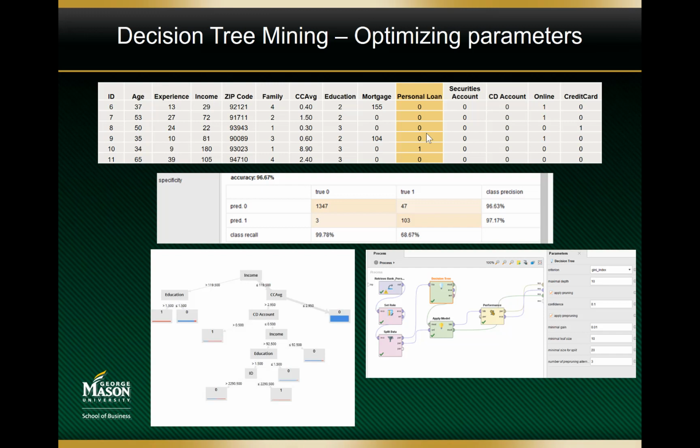And during that prior tutorial, I showed you how, when building the decision tree, the operator that you see has various parameters that one can set. And we played around in particular with two parameters. One is the minimum leaf size, and the other is the minimum size of a node for a split.